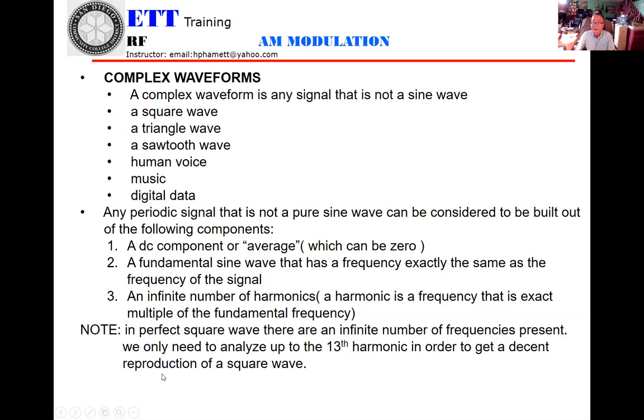Take a note here. In the perfect square wave, there is an infinite number of frequencies present. We only need to analyze up to 13 harmonics in order to get a decent reproduction of the square wave. So basically, if you deal with a square wave, there are too many harmonics of the sine wave, so we want you to count up to 13 harmonics only.